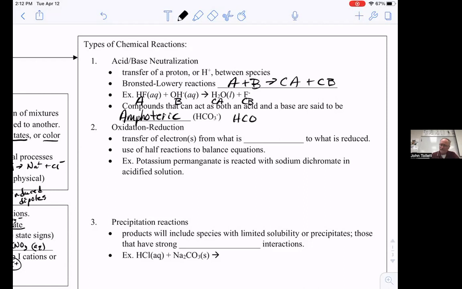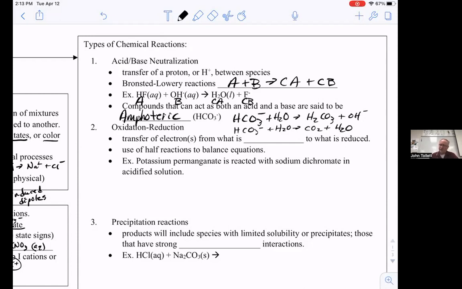If I look at HCO3 minus, when it reacts with water, it can produce carbonic acid and hydroxide ions, which is what it typically does. But there is the idea that perhaps it could form hydronium ions as well.